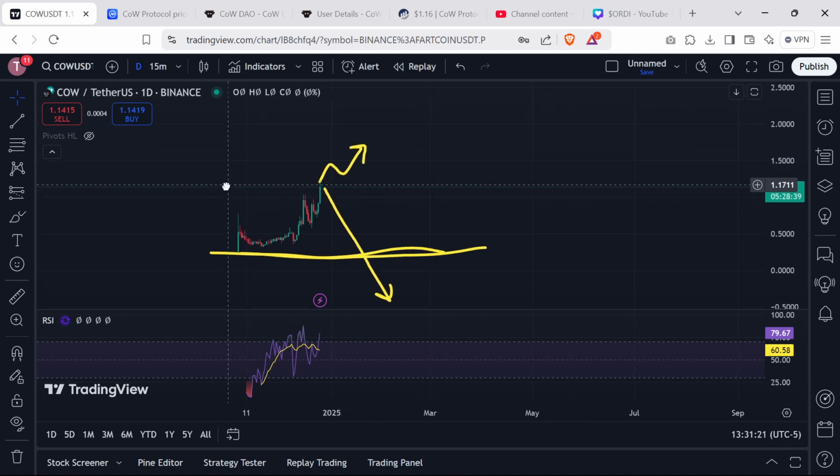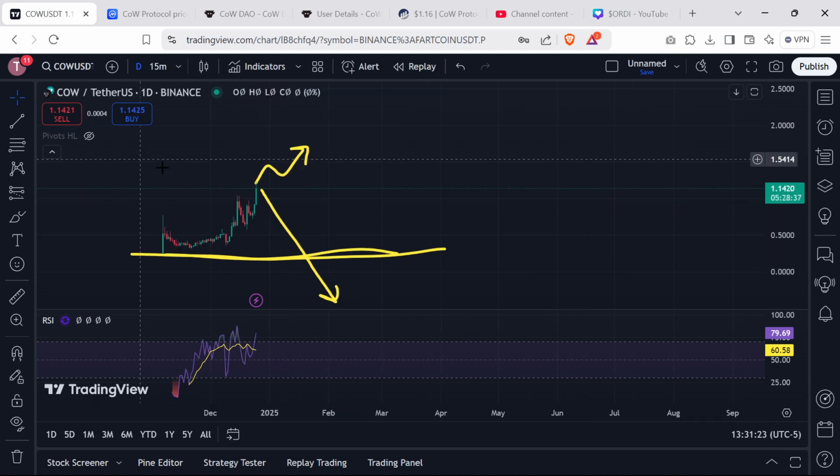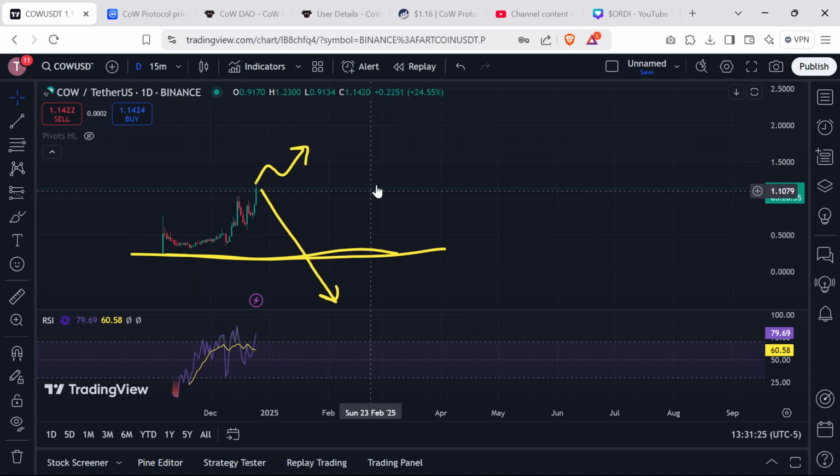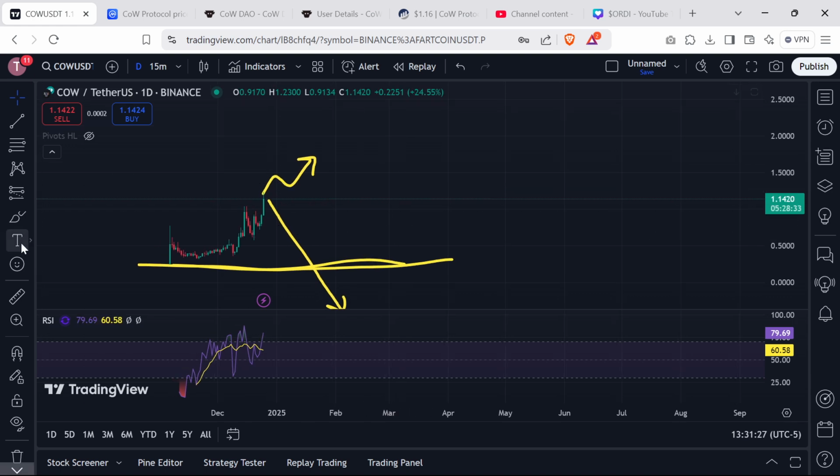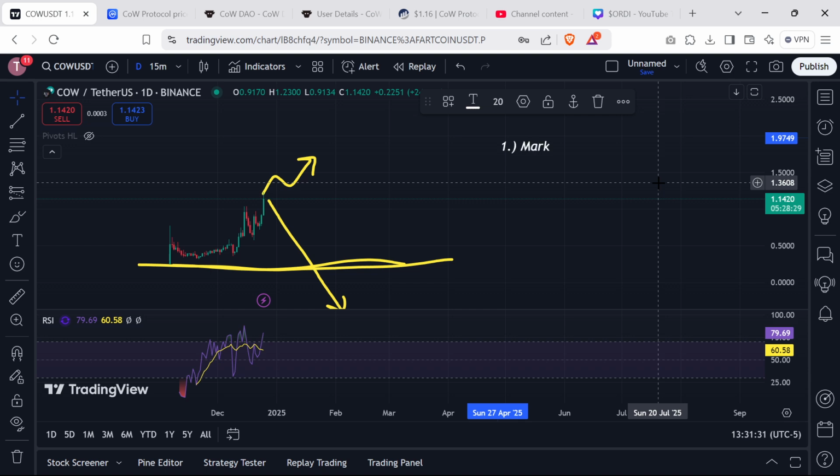But what we do know is that as soon as we see a big red candle on the daily, right, there is a chance that we can go short. So number one, market cap is at 300M. Okay, fully diluted market cap is at 1.1 billion, which is very high. So what we're going to do next, wait for downtrend.